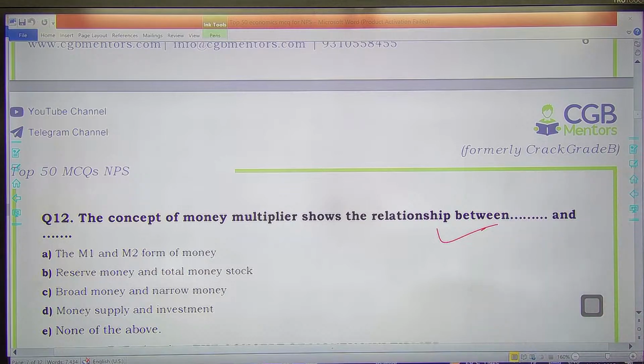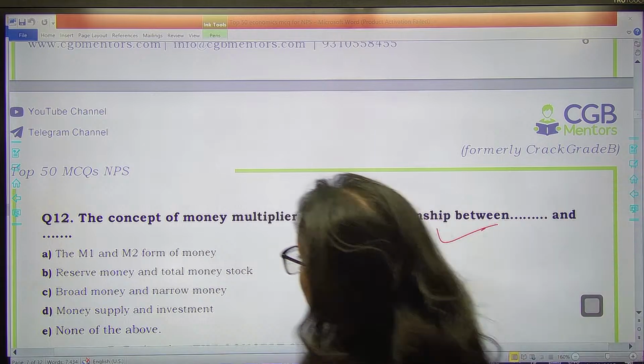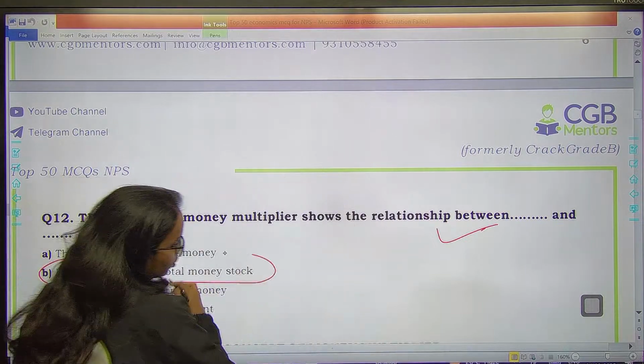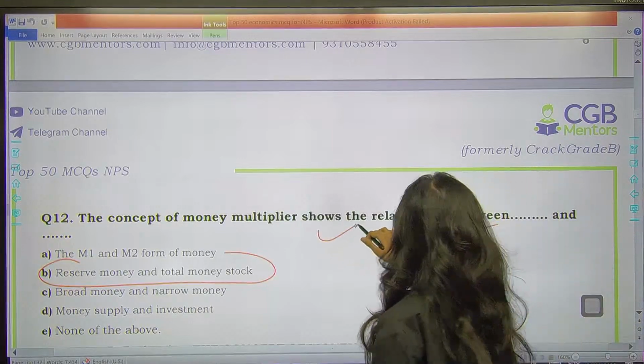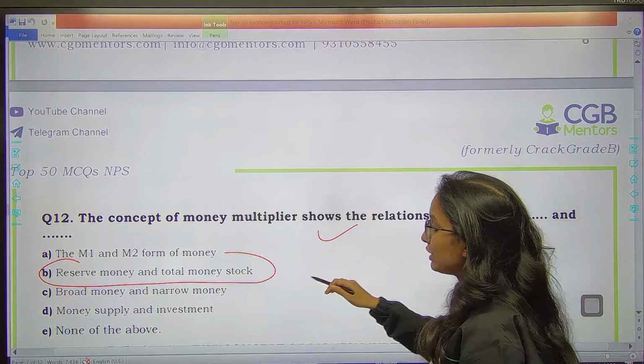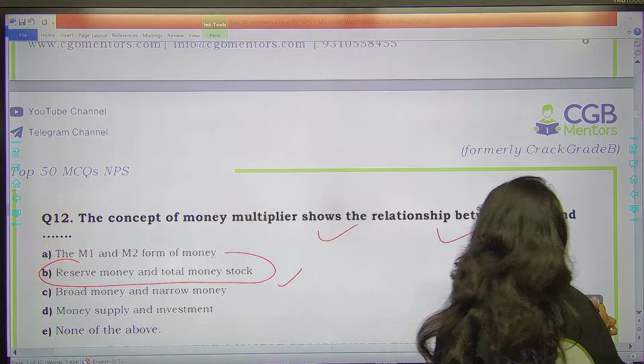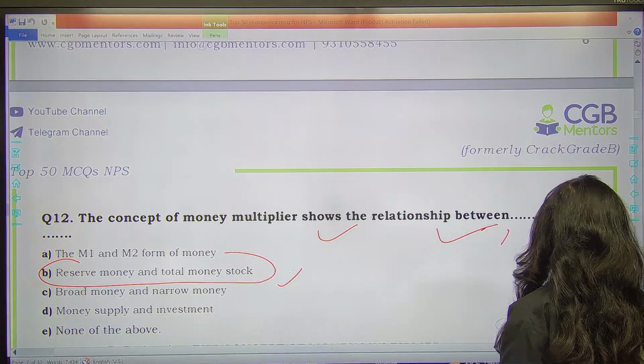What is the correct answer? Not D. Yes, so reserve money and total money stock, option B will be the right answer here. Money multiplier shows the relationship between reserve money and total money stock.